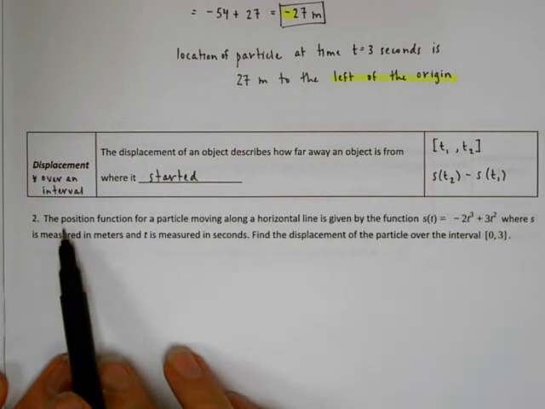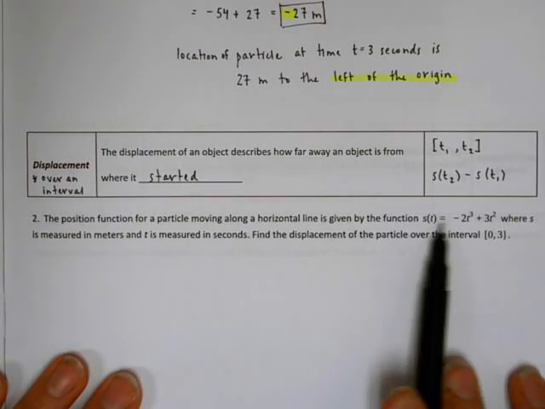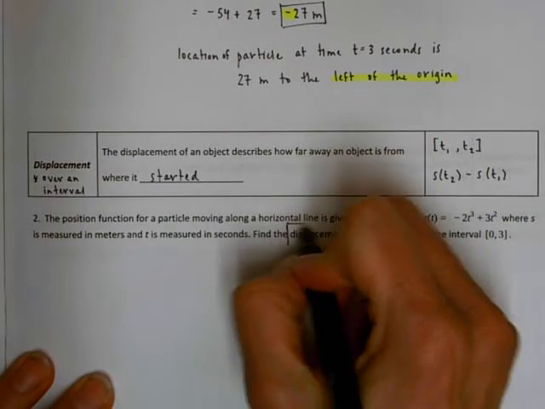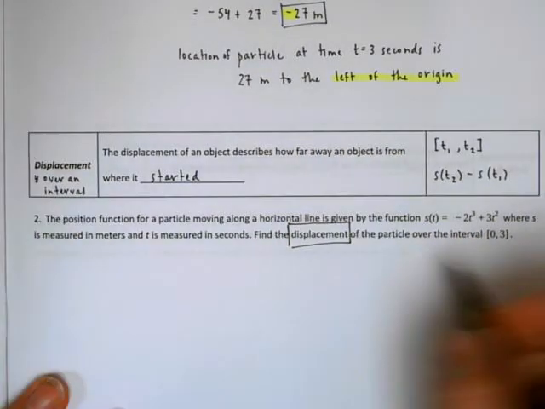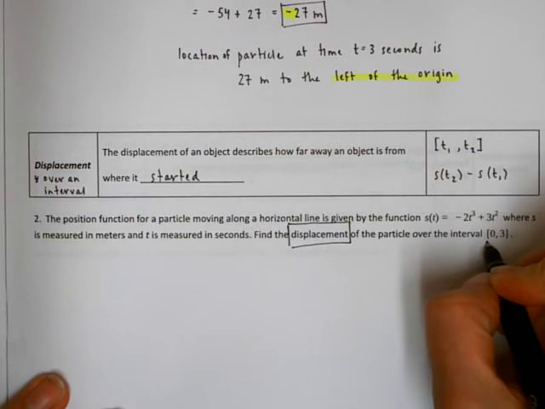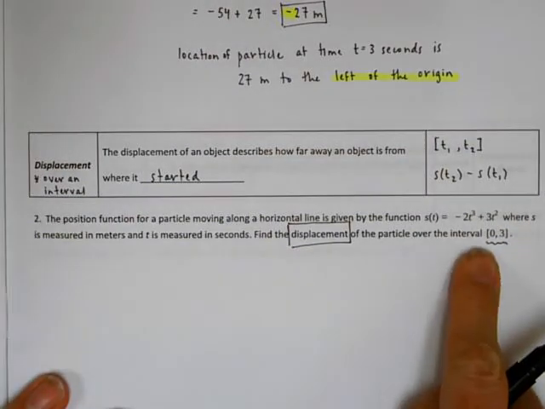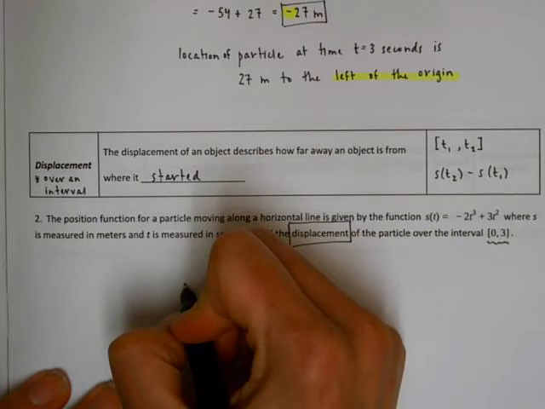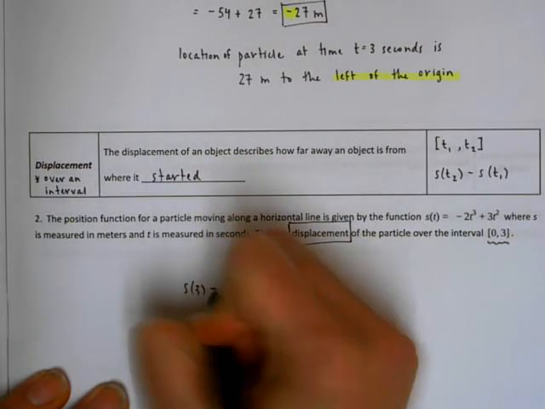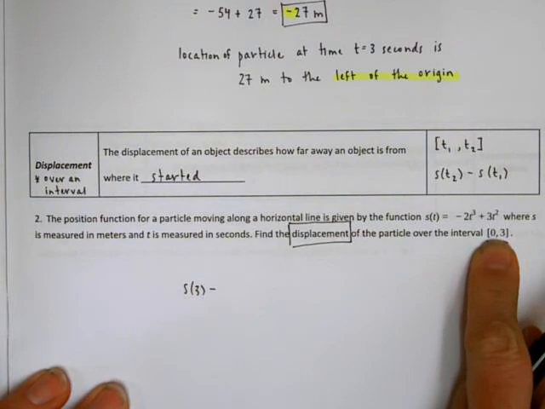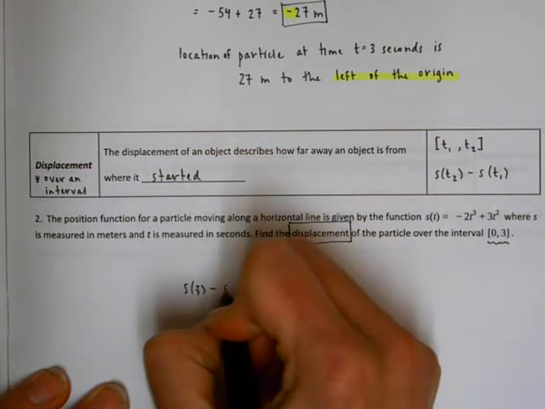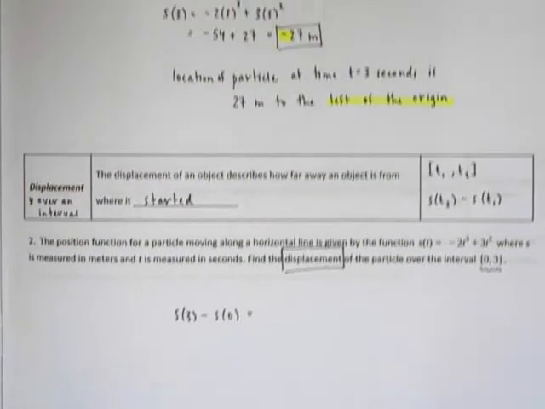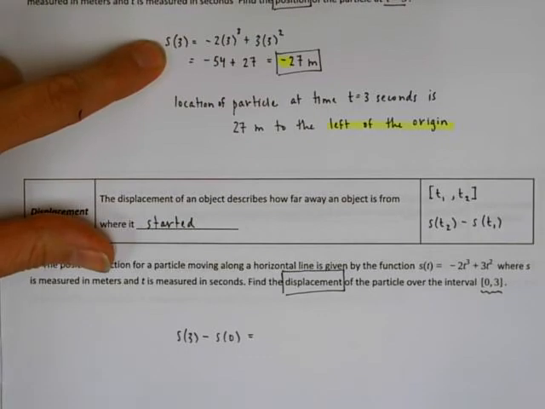Again, we have the same position function. Now it's asking us to find the displacement of the particle over this interval from 0 to 3. My time 2 is 3, so I'm going to take s of 3 minus s of 0, and then we'll do that calculation. We actually already figured out s of 3 above.